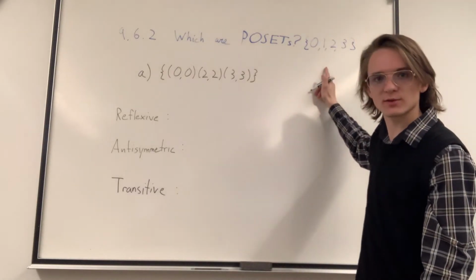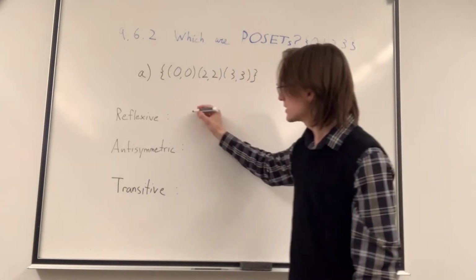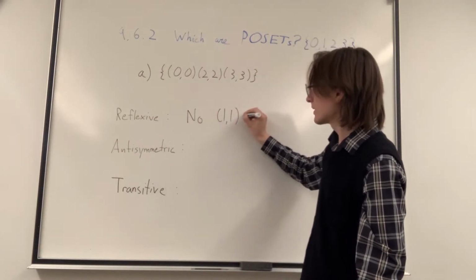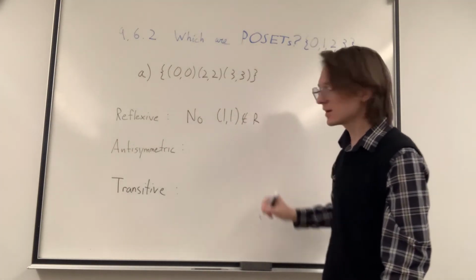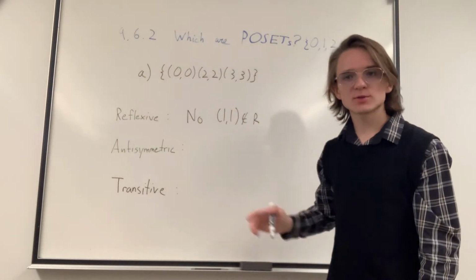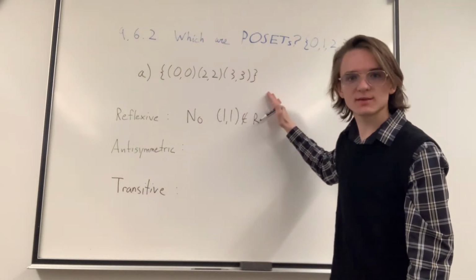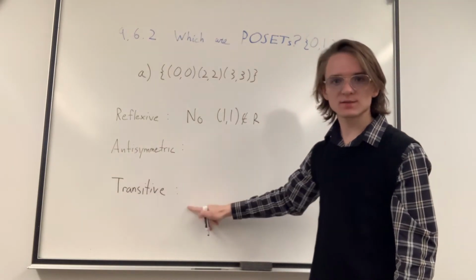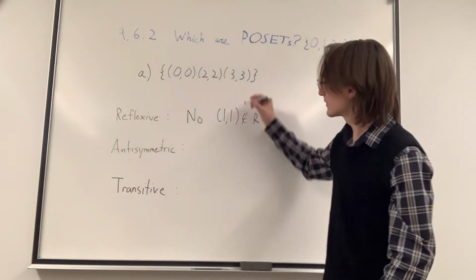And that's one of the values within our set that we're given. So, no, because (1,1) is not in the relation. So at this point, we already know this relation is not a posit because it's not reflexive. It must be all three of these to be a posit.